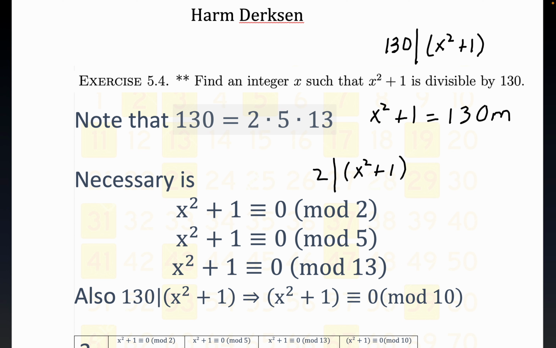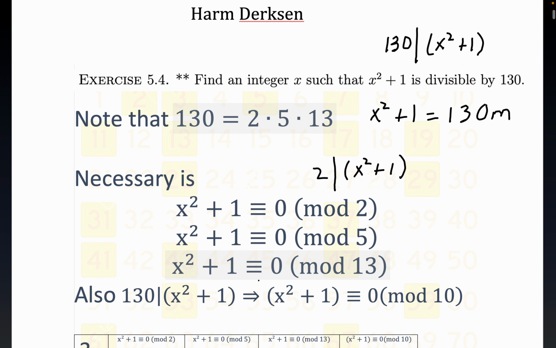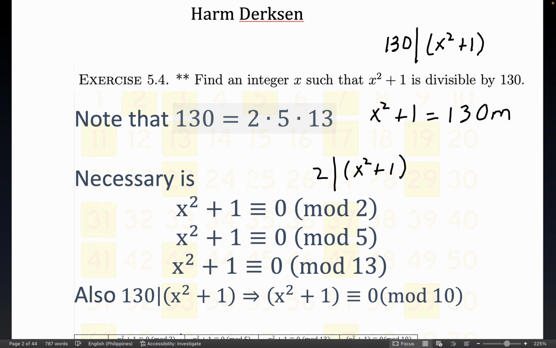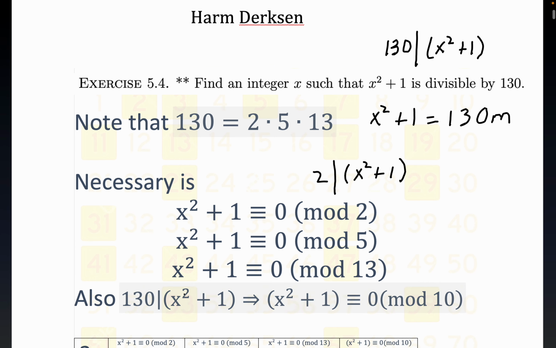So in order for this to happen, 2 has to be a factor of x squared plus 1, 5 has to be a factor of x squared plus 1, and 13 has to be a factor of x squared plus 1. Another thing that's kind of important here: the fact that 130 is a divisor of x squared plus 1 means that x squared plus 1 also must be a multiple of 10. There's no doubt about that. If you have a divisor that's a multiple of 10, then you must be a multiple of 10 also.